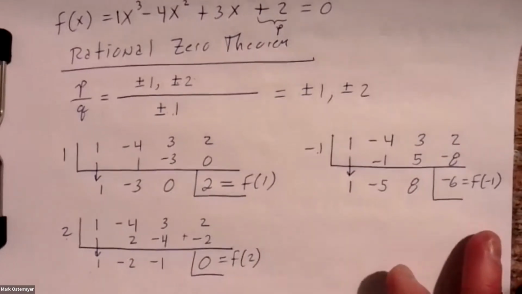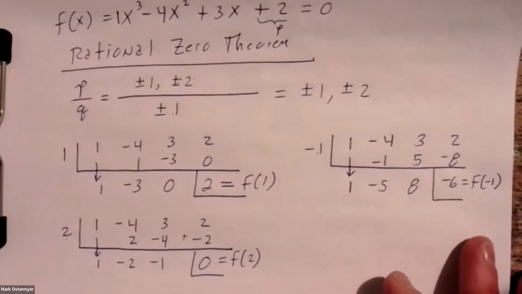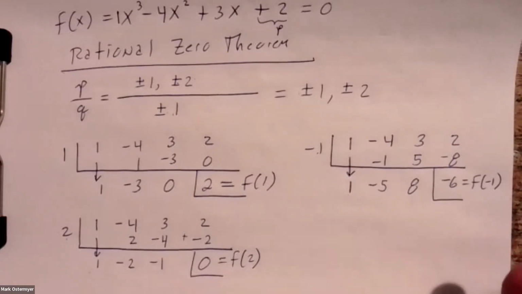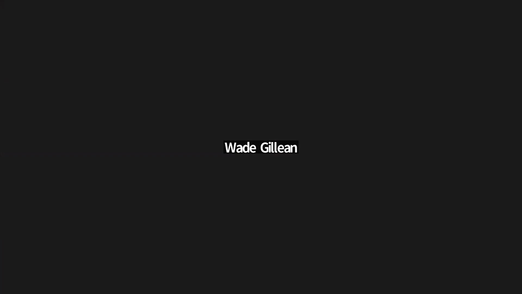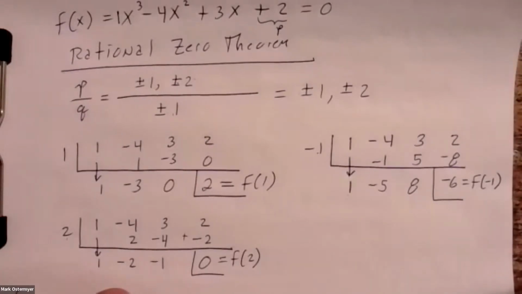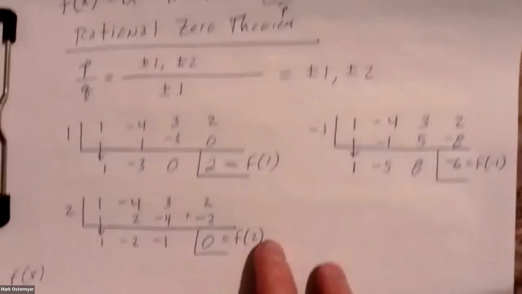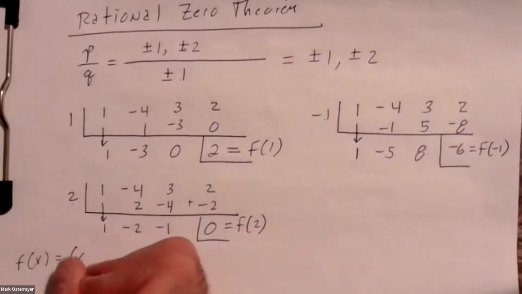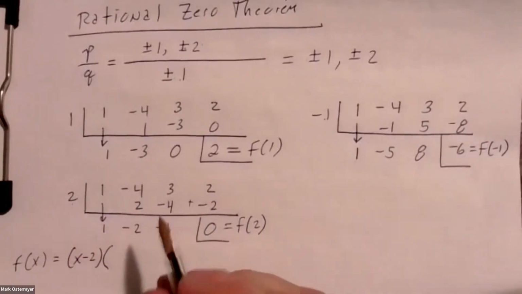Not only, ladies and gentlemen, is 2 a 0, but x minus 2 must be a what? x minus 2 must be a factor. So therefore, we can start factoring this thing down. We know that f of x must be equal to x minus 2 times what would remain behind.